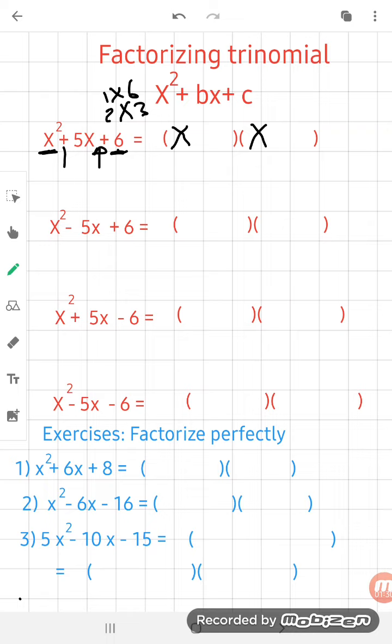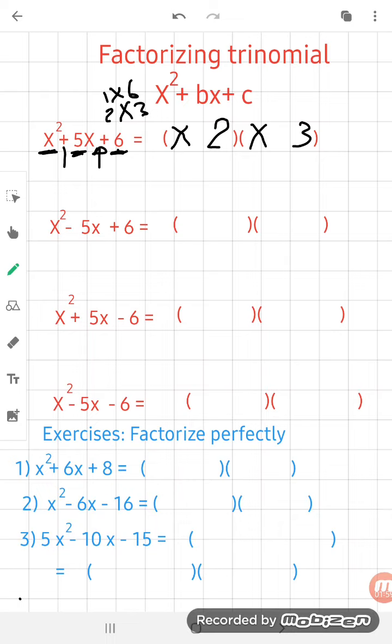So when the last sign is positive, search for two numbers, their product is 6 and their sum is the middle term 5. So we choose 2 multiply 3 because 2 plus 3 equals 5. Right here 2 and here 3.